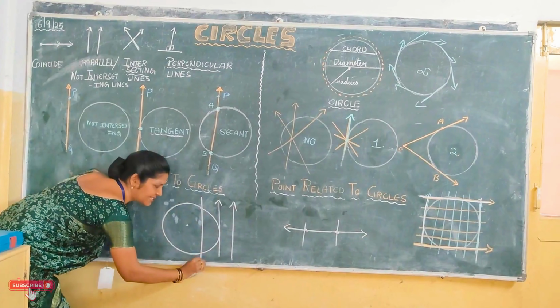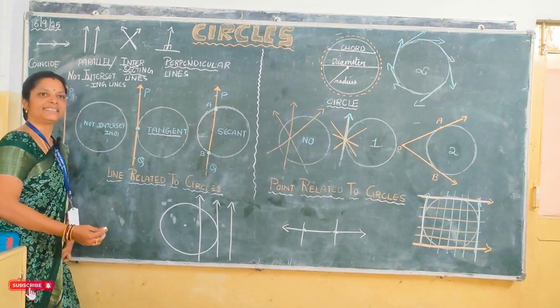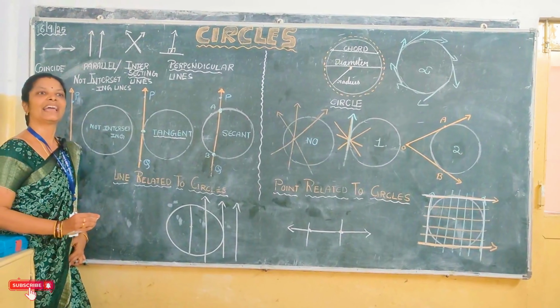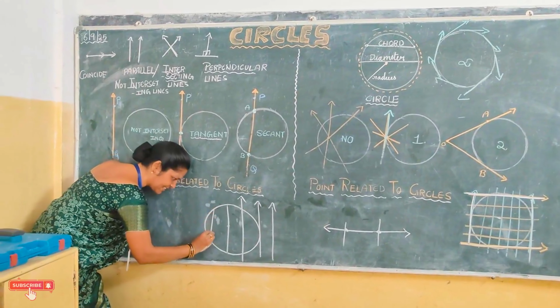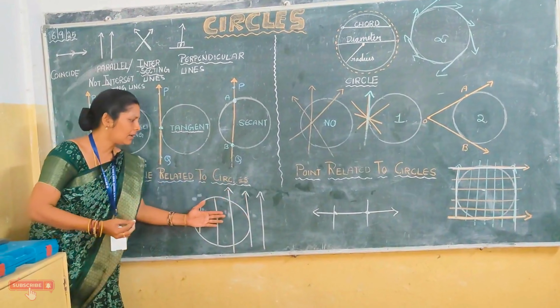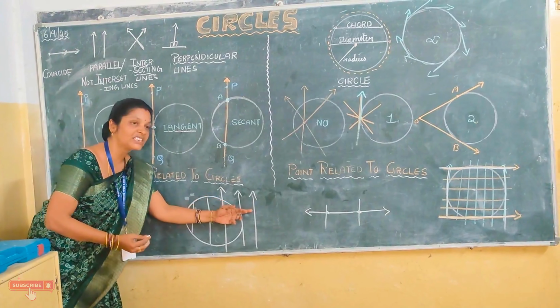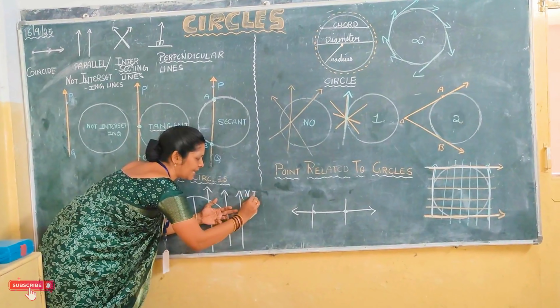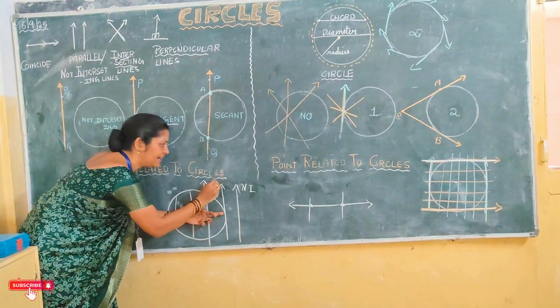When the line is coming inside, what is it called? Secant. When the line is coming here, what is it called? Diameter. When the line is coming like this, what is it called? Chord. Understood? In one circle, by seeing this, what is the first one called? Not intersecting line. The second one is called the tangent.